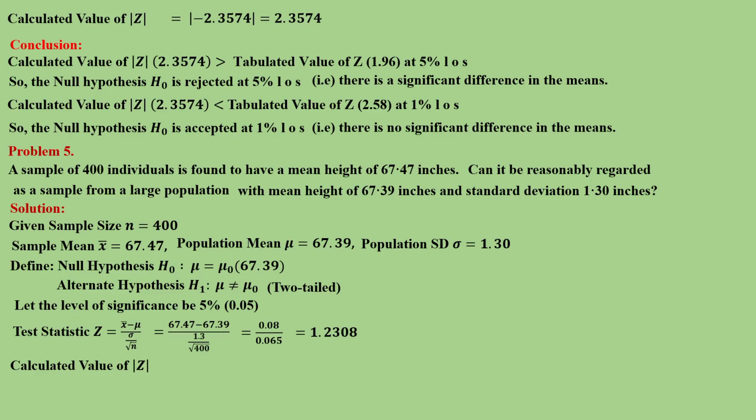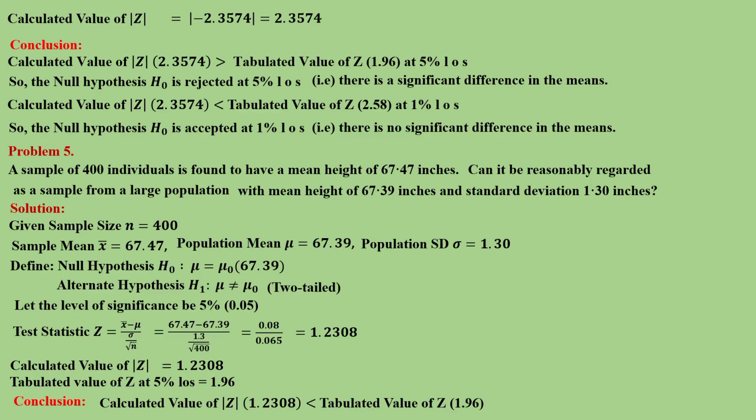So the calculated value is 1.2308 and the tabulated value at 5% level is 1.96. Conclusion: the calculated value is less than the tabulated value, therefore H0 is accepted. There is no significant difference between sample and the population mean.